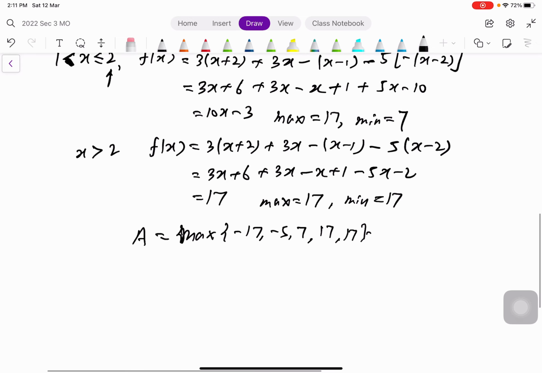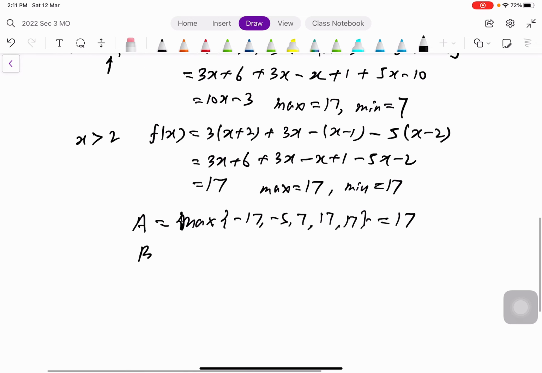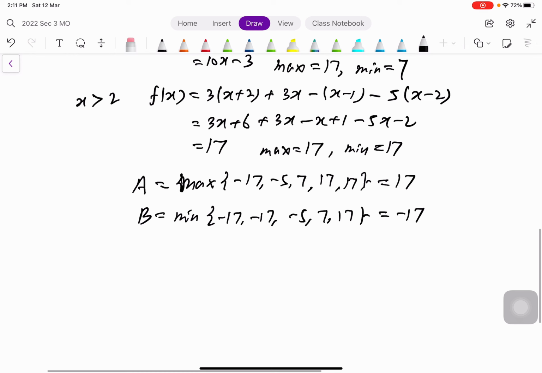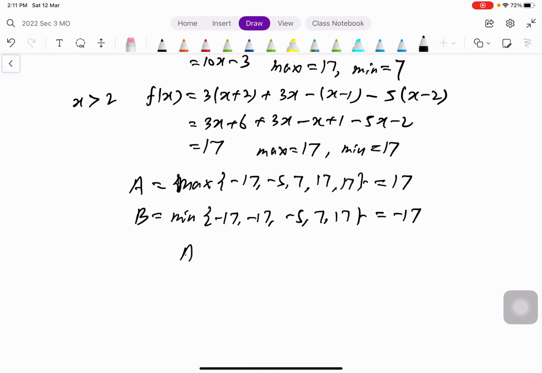Therefore, the answer is 17. And if you look at B, B is the minimum of all the minimums, which are minus 17, minus 5, 7 and 17. Therefore, it should be minus 17. Therefore, A minus B should be 17 minus negative 17, and the answer should be 34. With that, we answer the question.